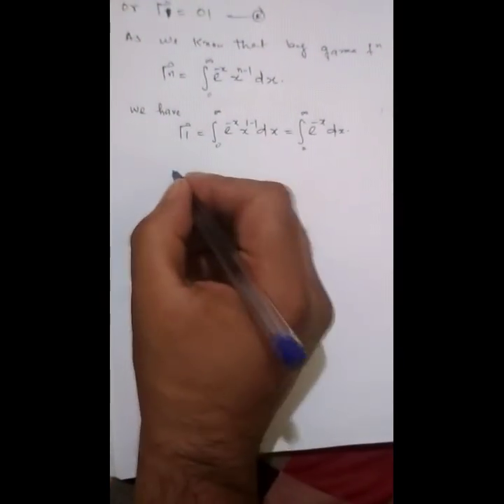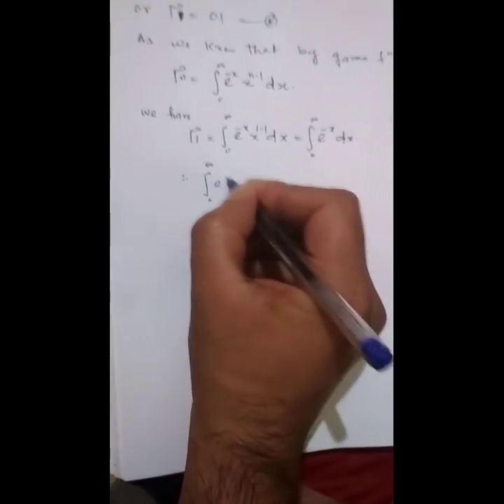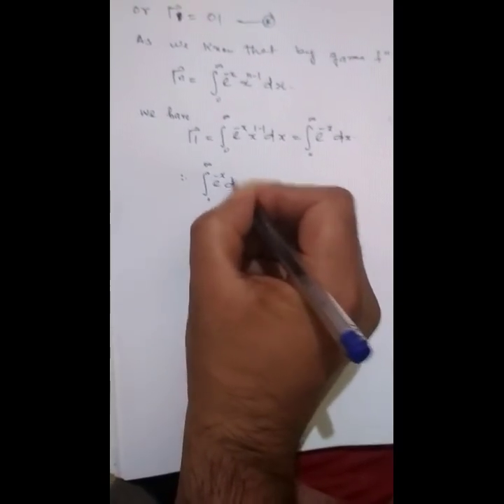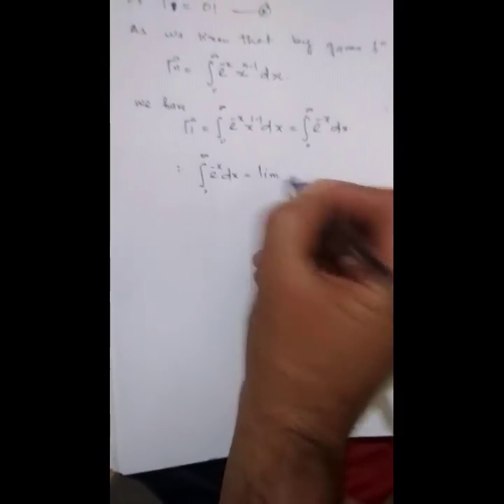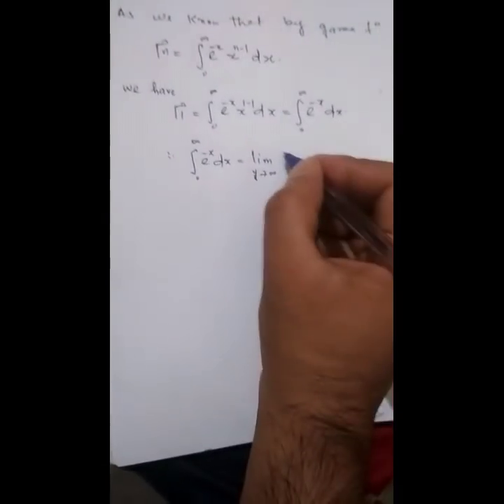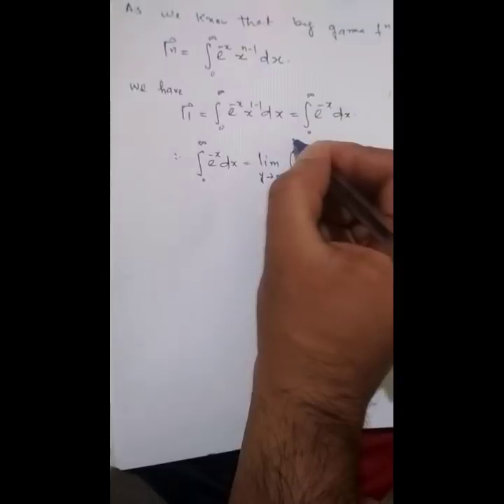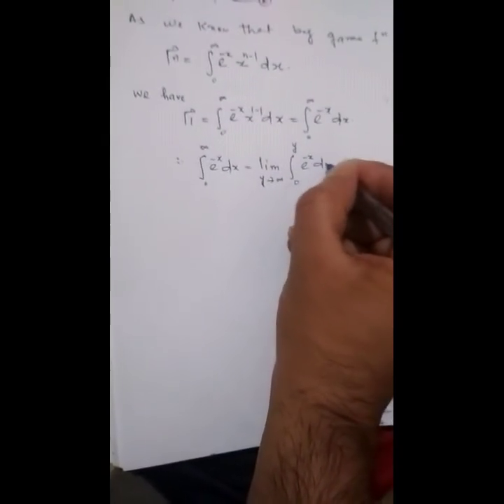Therefore, the integral from 0 to infinity of e raised to power minus x dx is equal to the limit y tends to infinity of the integral from 0 to y of e raised to power minus x dx.